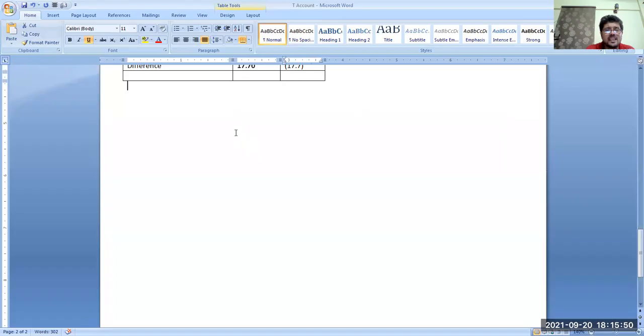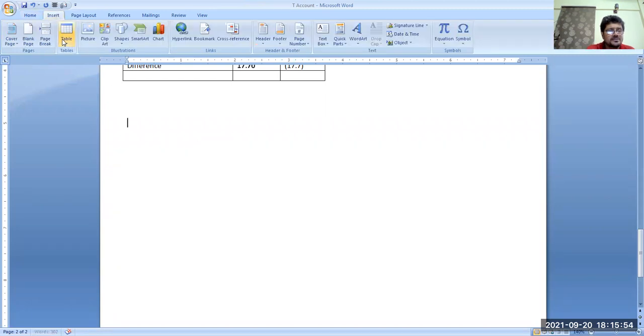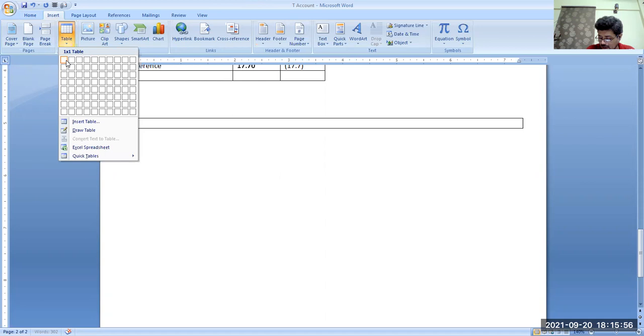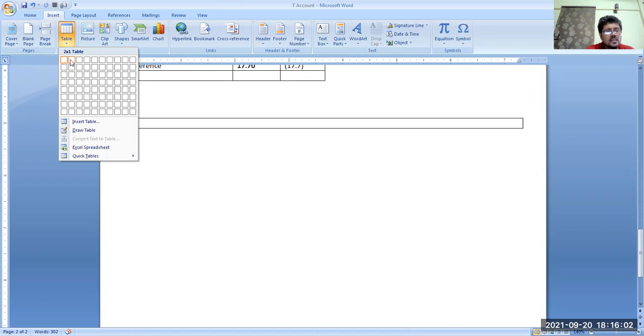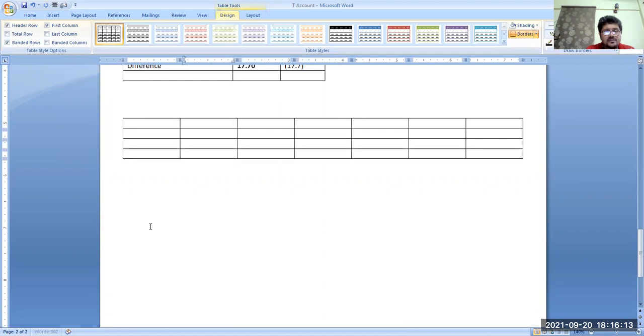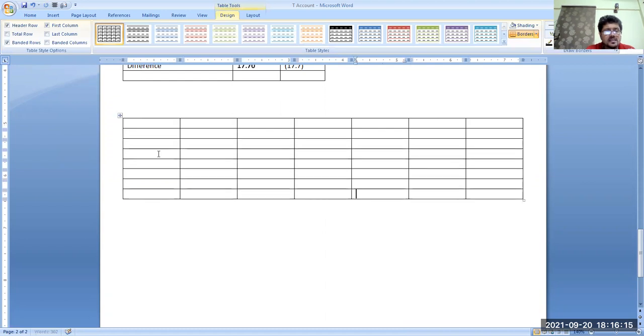Okay, when we are making production budget, we have to be very careful. We have to make it for June, July, August, September, October. This is the production budget.